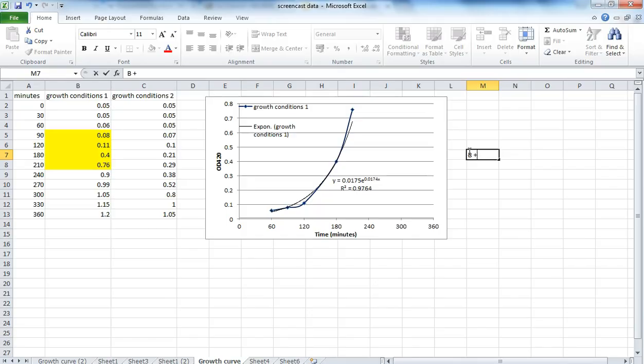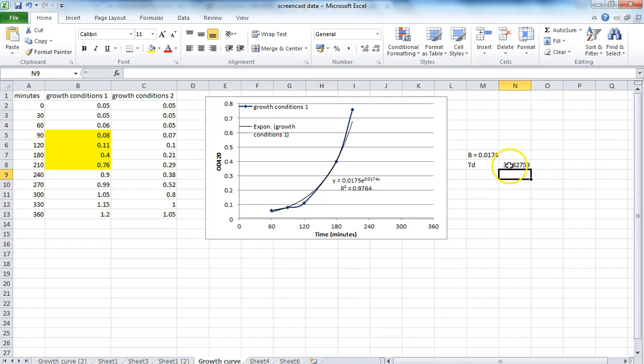So b equals 0.0174, and my TD, my doubling time, I'm going to make myself a little equation. So I'm going to go equals 0.693 divided by my b, which was 0.0174, enter.